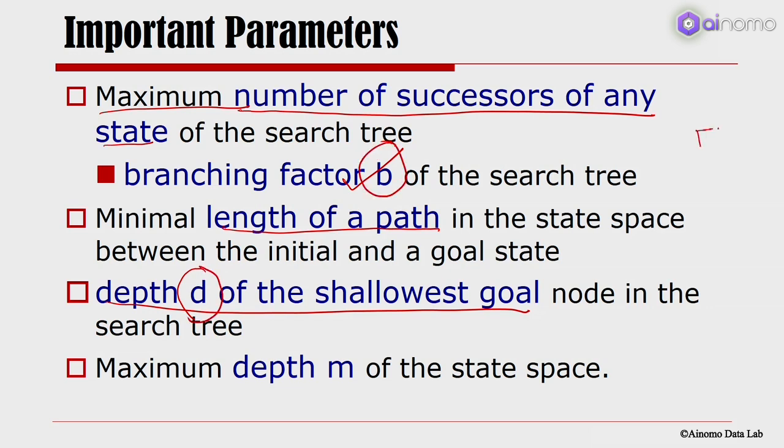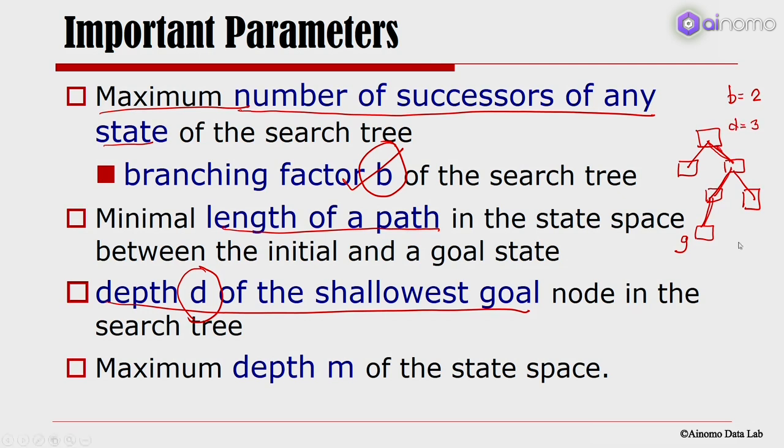So if I have a node that's expanded every time into 2 successors, here my branching factor is 2. If my goal lies here, that's the depth, the minimum length of the path to the shallowest goal, then my d is 3.